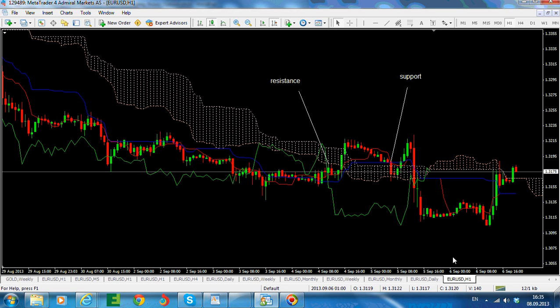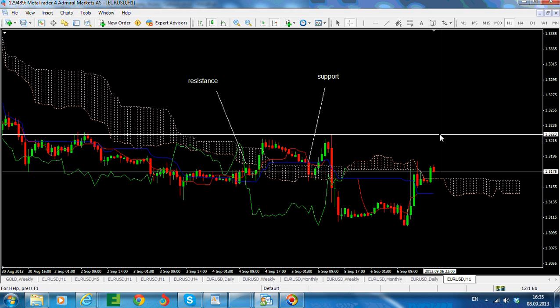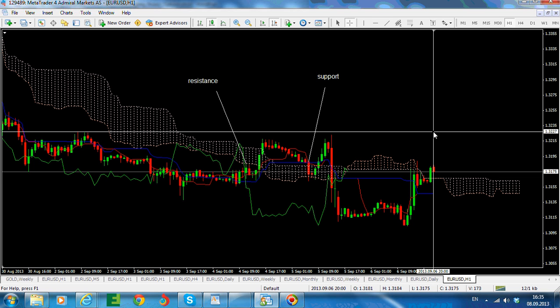The Kijun and Tenkan lines refer to the current price section. This is the current price section, as you can see. So the Kijun and Tenkan lines are always where the price is, while the Chikou, the green line, represents the current price levels shifted 26 periods back in time.